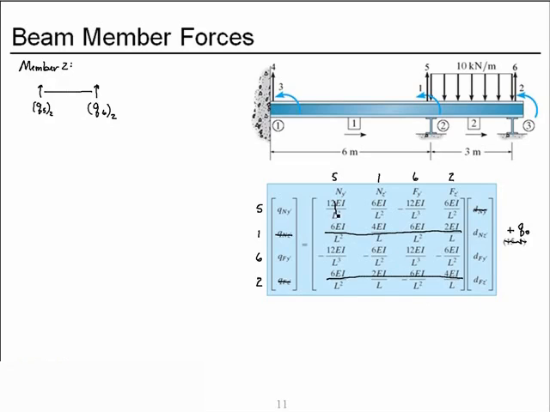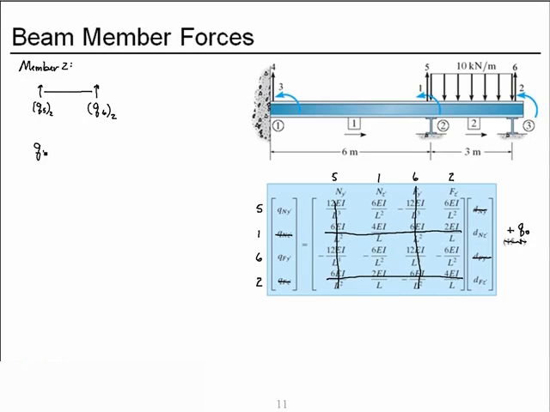So no matter what these magnitudes are, when we multiply them by 0, they won't contribute. So I won't look those up. We will get deformation at degree of freedom 1, but at degree of freedom 6, far node vertical deformation, it's supported, constrained, so I don't need these because they'll all be multiplied by 0. So I only need these 4 coefficients, all the same magnitude, just changing signs.